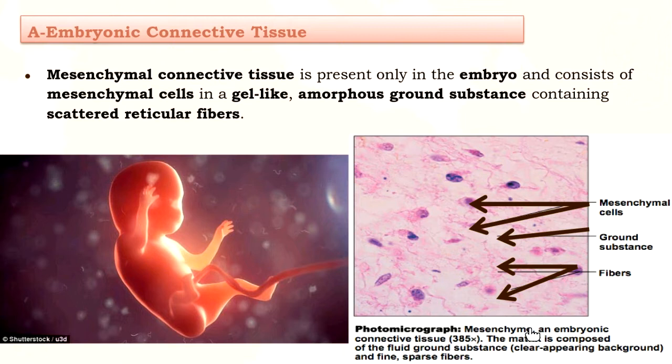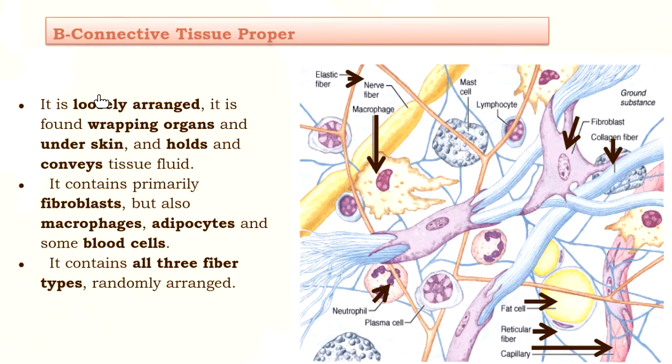The second is connective tissue proper. It is loosely arranged. It is found wrapping around the organs, under the skin, and holds and conveys fluids. That means the basic functions of connective tissue are served because of the presence of different types of components in the connective tissue. Here, if you see the pictorial presentation, you can see there is blood supply.